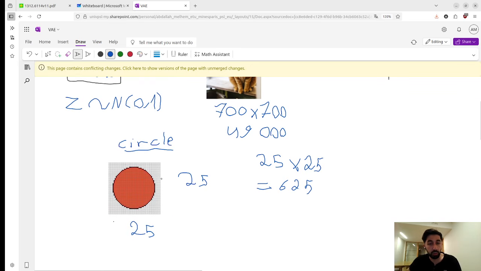Well, they went over the idea that if you want to represent a circle, you can say, hey, I want to represent a circle of 25 by 25. Can you draw it for me on a computer? I'll be like, okay, sure. Give me the matrix. So you'll give me the color matrix. Let's say you have gray, gray, gray, gray, and then you have a red pixel value, and then a corresponding gray, gray, gray, gray.